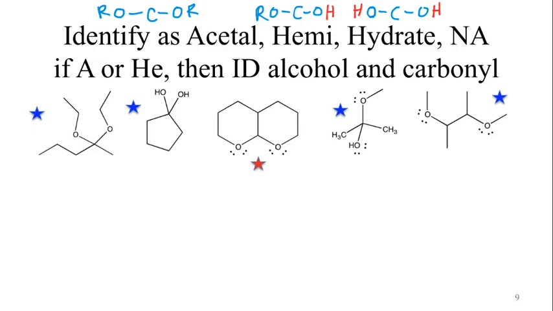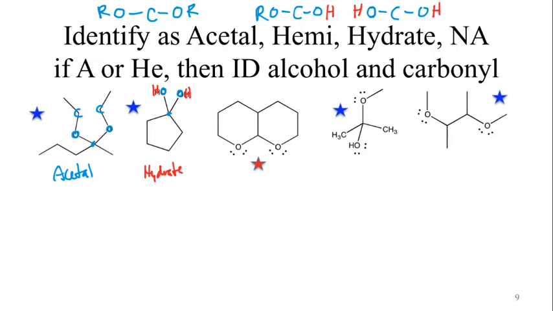So if we start at the far left, we'll go through. Here's our carbon. I see 2 oxygens bound to it. Okay, what are those 2 oxygens bound to? 2 carbons. Well, let's go through and try it this way. So we're looking at which pattern? An acetal. We move to the next one. There's our carbon with 2 oxygens bound to hydrogens. Which one do we have? We now have a hydrate.